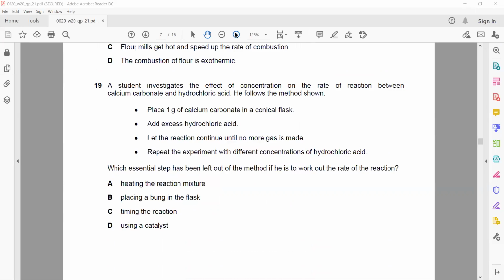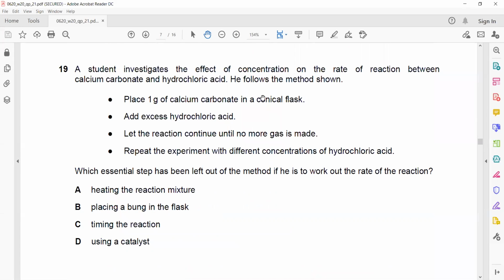Question 19. A student investigates the effect of concentration on the rate of reaction between calcium carbonate and hydrochloric acid. He follows the method. Which essential step has been left out of the method if he is to work out the rate of the reaction?